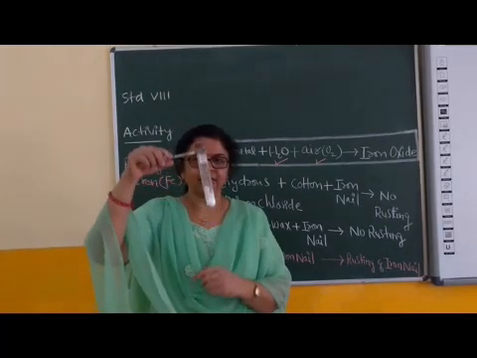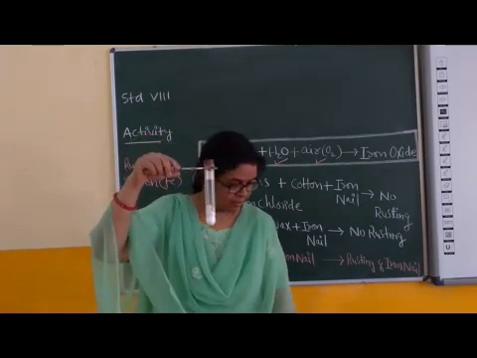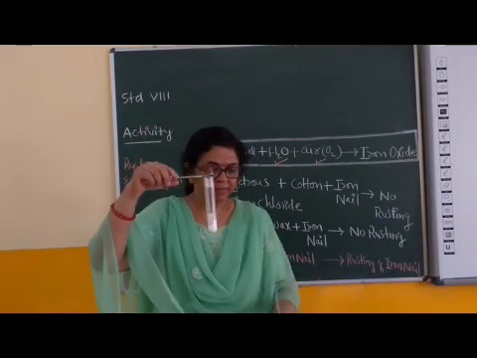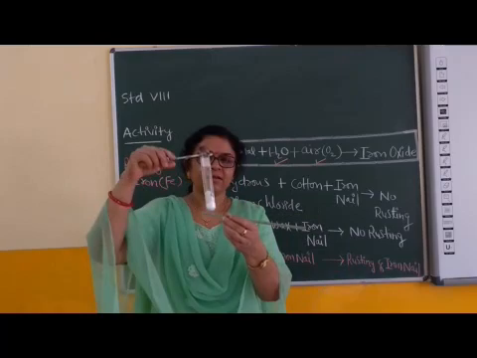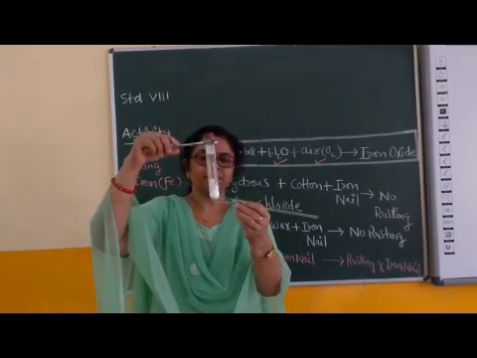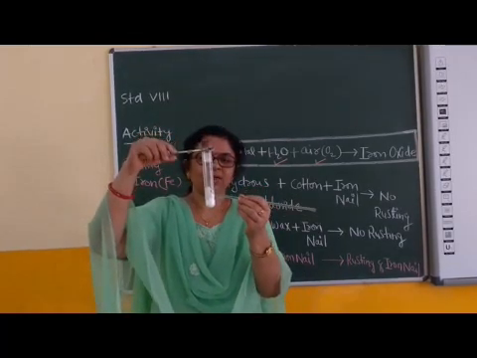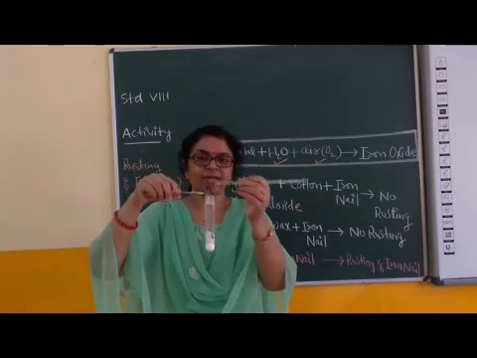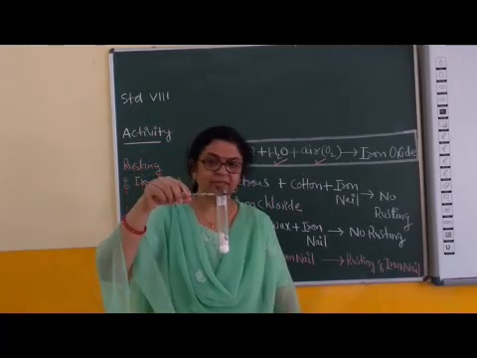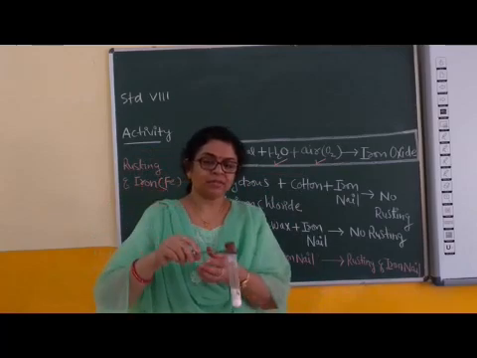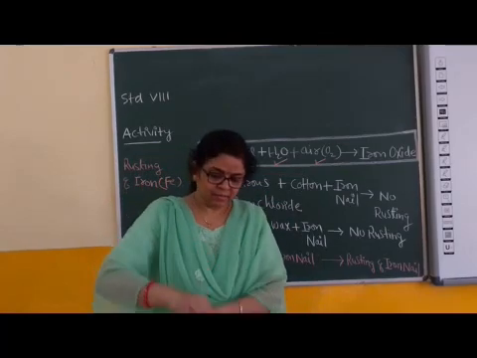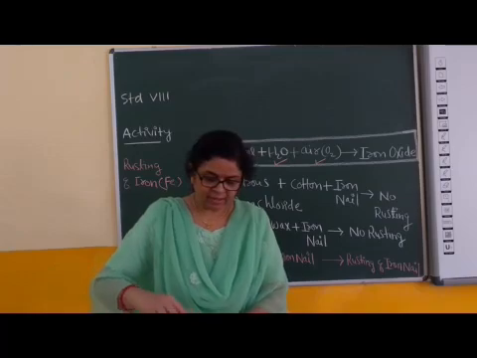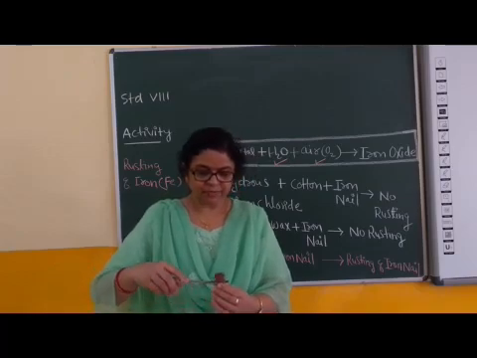This is the first layer of calcium chloride, then cotton, and then iron nail. And the mouth of the test tube is closed by a cork, which prevents air in this test tube.